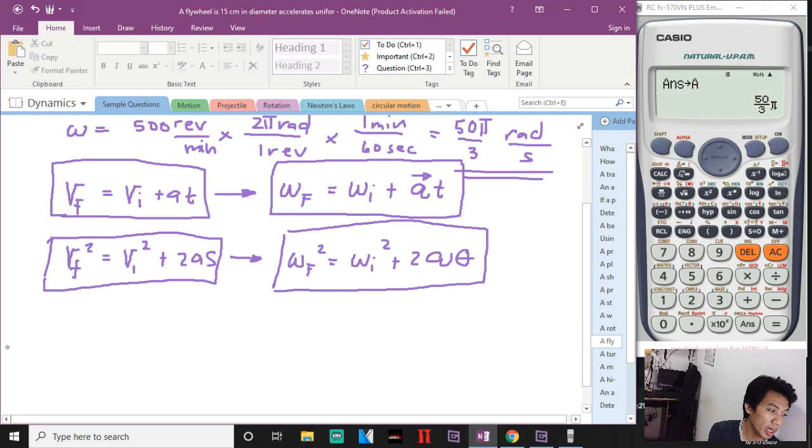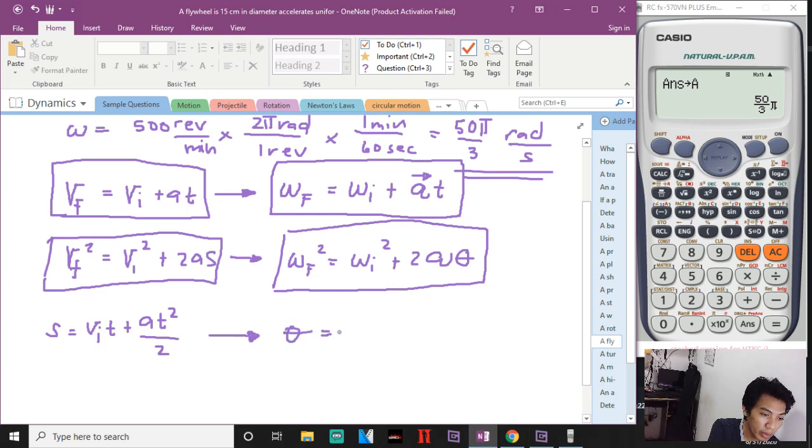Ito naman yan. So, S equal to VI T plus A T squared over 2. Now, translate ulit natin into circular motion. Okay, so this will be theta equal to omega I T plus yung angular acceleration T squared over 2.